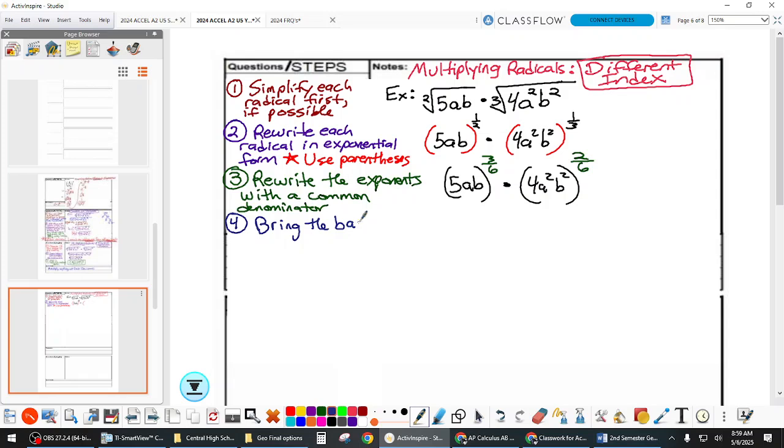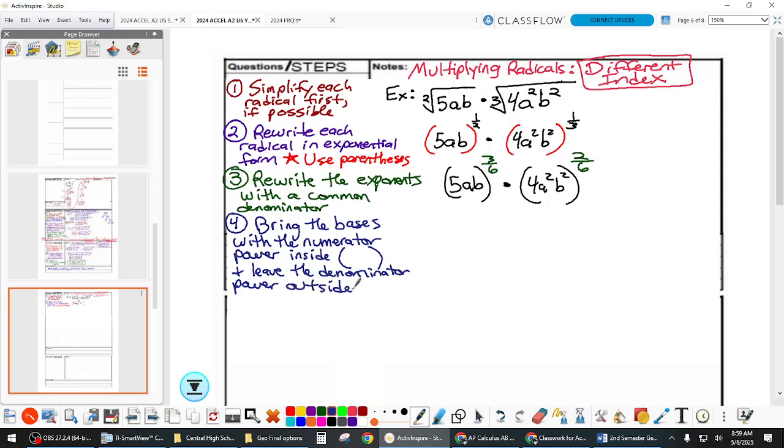Bring the bases with the numerator power inside parentheses and leave the denominator power outside.